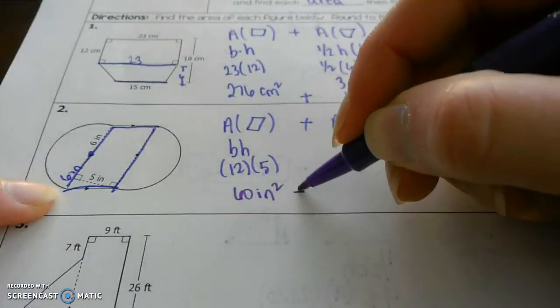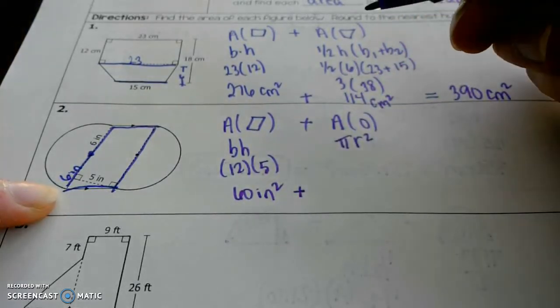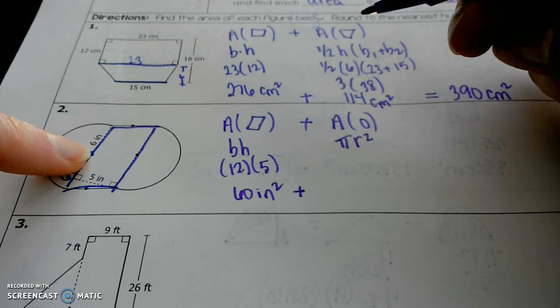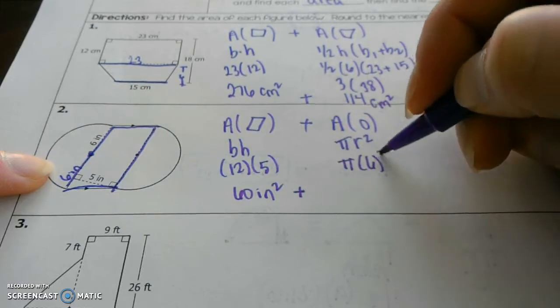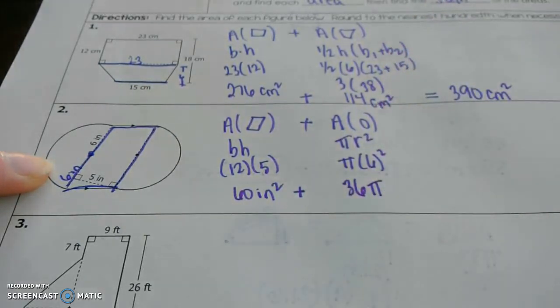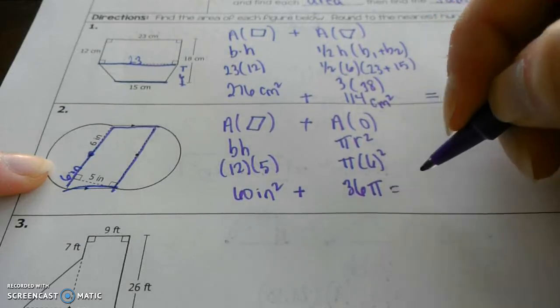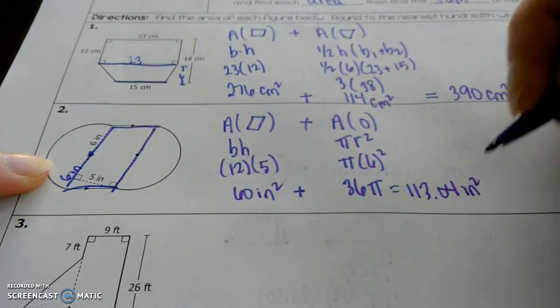Now, for the circle, it is pi r squared. Well, we already discussed that the radius, the center to any point on the circle, is 6 inches. So I'm going to substitute 6 for r. 6 squared is 36 pi. If you do 36 times 3.14, you get 113.04 inches squared.